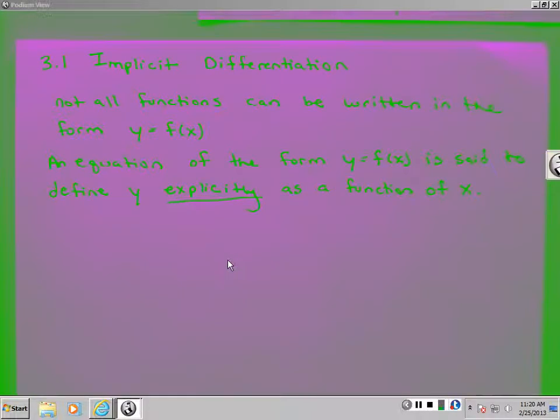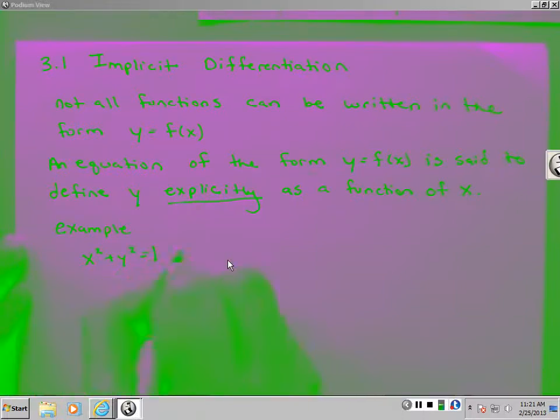So if you think of x squared plus y squared equals 1, that's a circle centered at 0, 0. That's not a function, it's an equation. It represents the set of points that are a distance of 1 from the origin, right? So that's an equation, but for it to be a function, it needs to define y explicitly. So if I look at the example, x squared plus y squared equals 1, this is an equation.